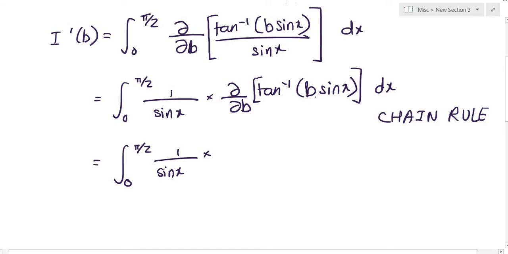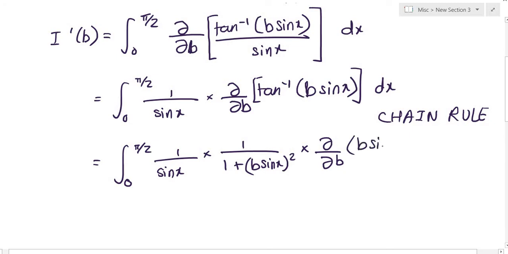Then when I apply the chain rule, the derivative of the inverse tangent is 1 over 1 plus the argument squared. And what's the argument? B times sine of x, the whole thing squared, and times the derivative, so partial over partial b of b times sine of x.